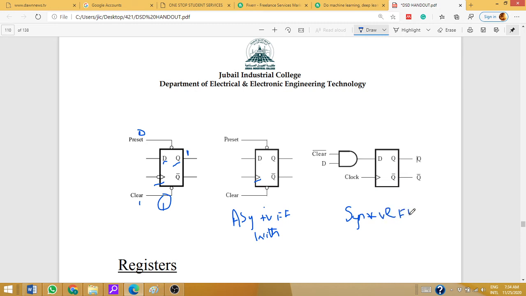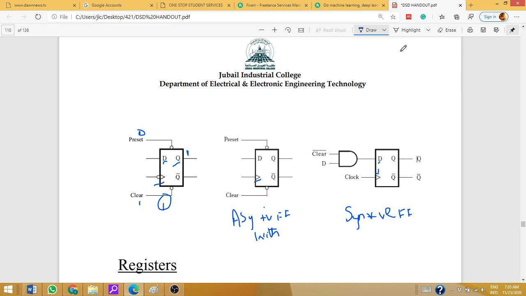Why? Because this D depends upon clock, and clear is coming with D as well. So this input depends upon clock and clear is here as well. So this clear is depending upon clock, so it is synchronous.